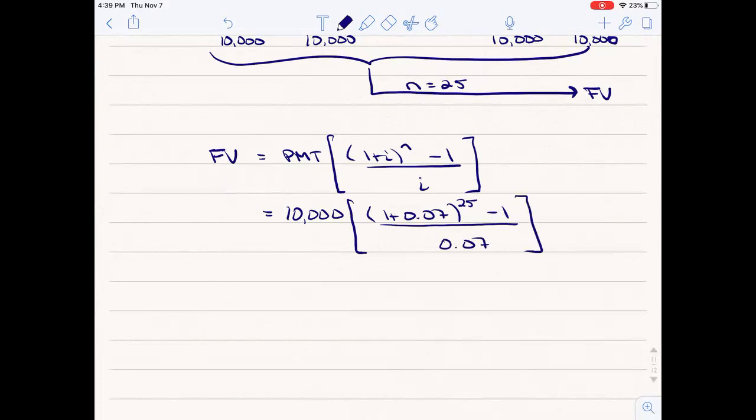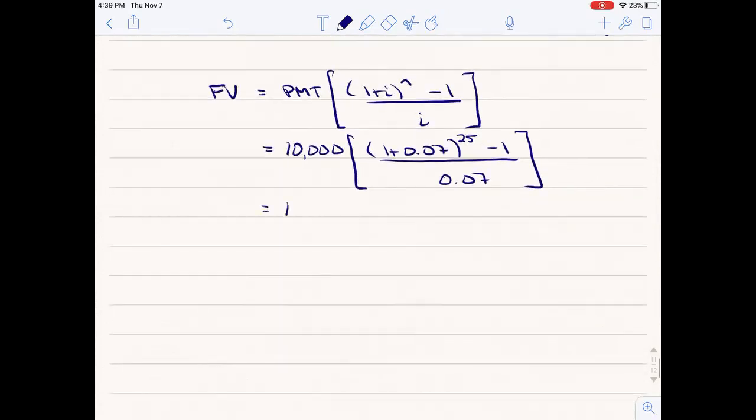Careful when you're doing these calculations. You're going to start with 1 plus 0.07 to the power of 25, then minus 1, then divide by 0.07. It's typically just something that you're going to do on your calculator. I'm not even showing all my steps. I'm just going to do this calculation because with all these values, it's going to be hard to stop and write our work out. 1.07 to the power of 25, minus 1, over 0.07.